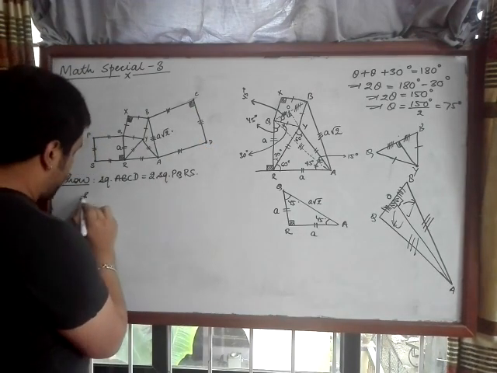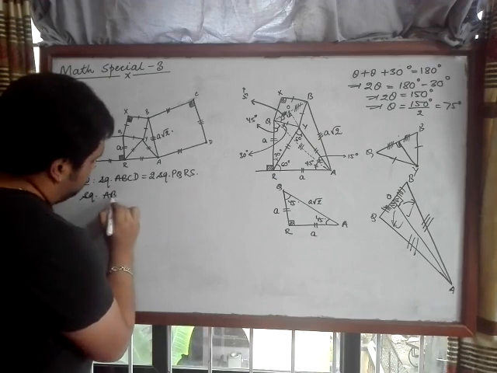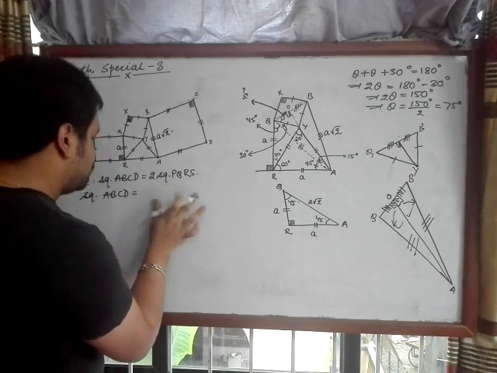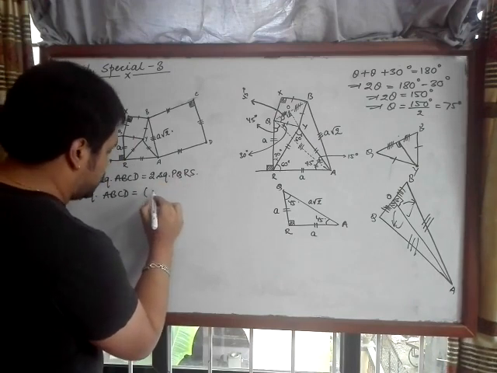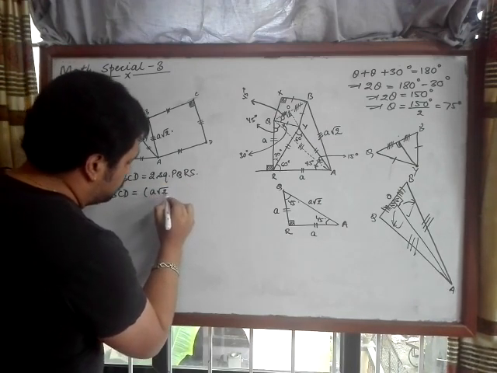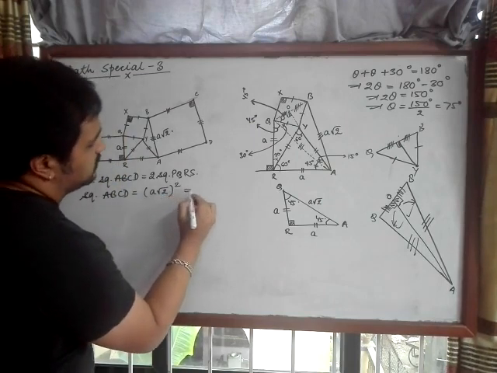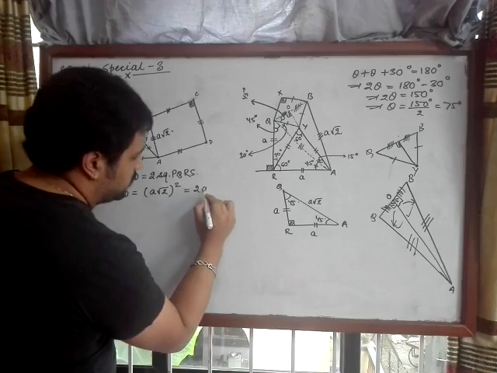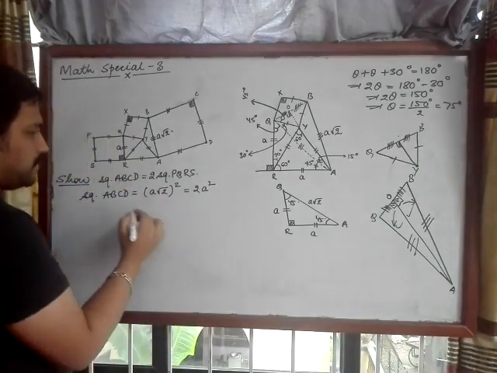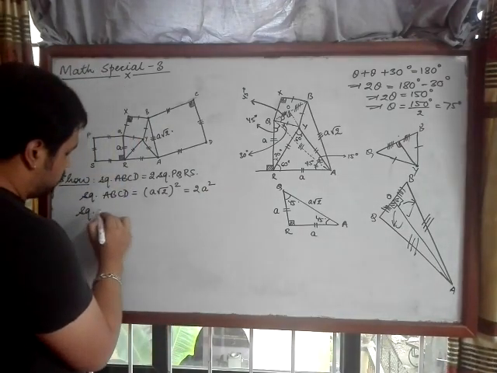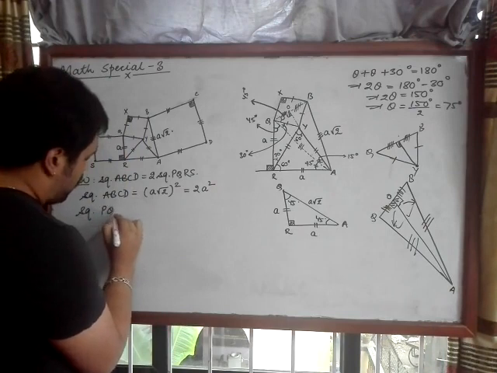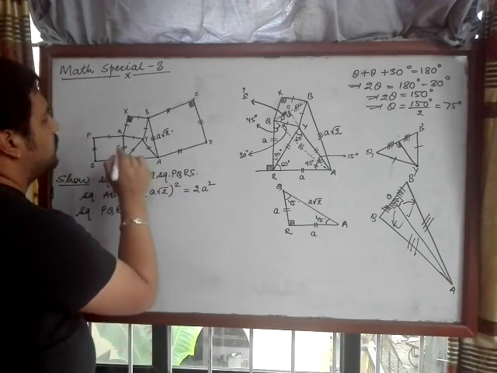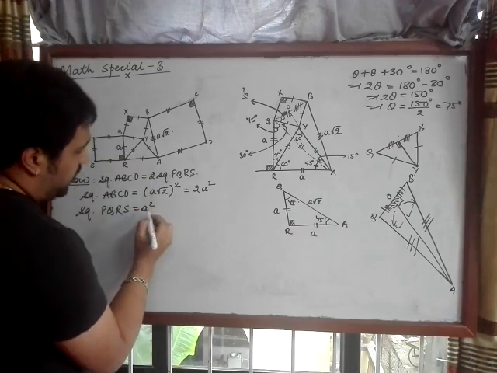Now the area of square ABCD is given by the side multiplied by itself. This is equal to root 2 squared, which is 2, and A squared. Now square PQRS is simply A squared.